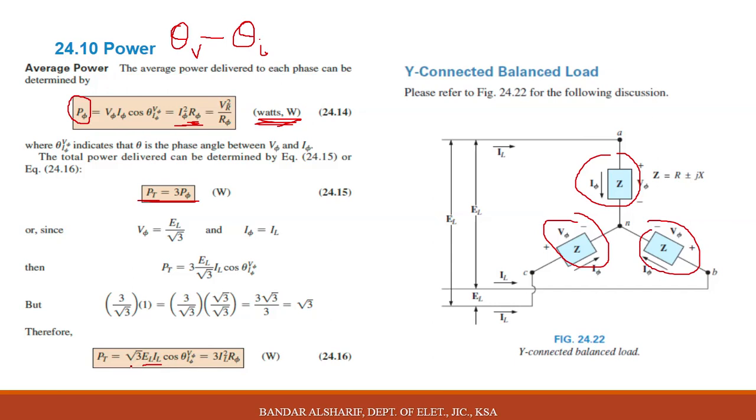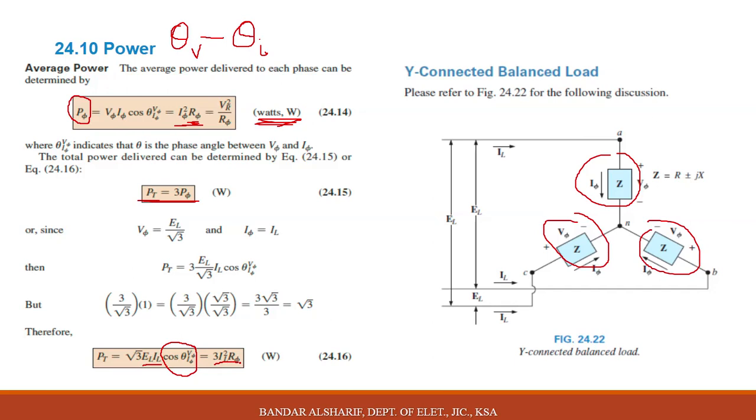No, multiply by root 3. And the same thing, cosine theta, voltage phase, I phase, and this we will see later, is considered the power factor. The other way is to use 3 I square line multiplied by R.